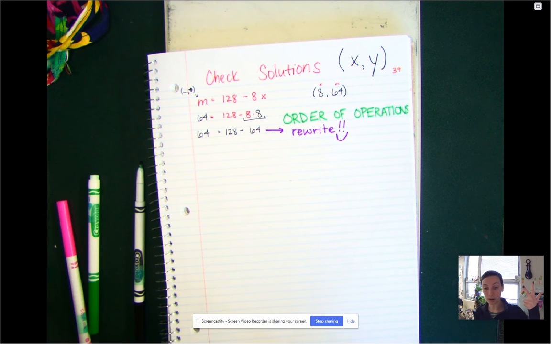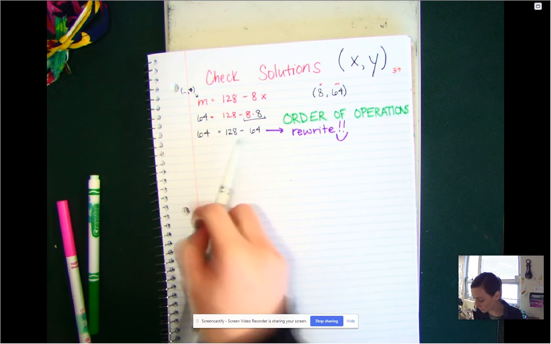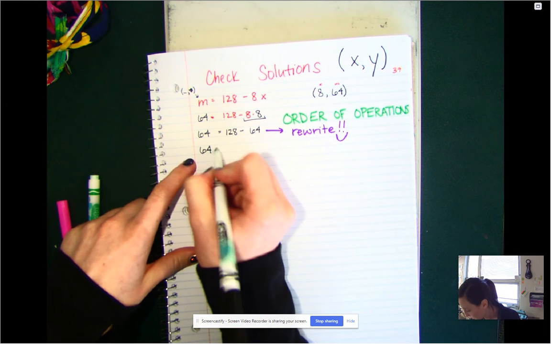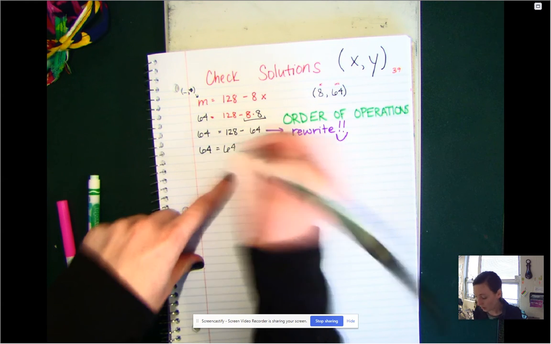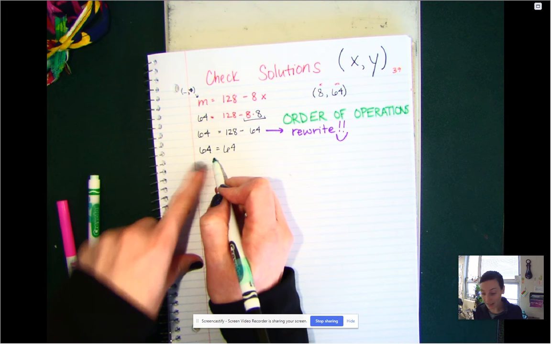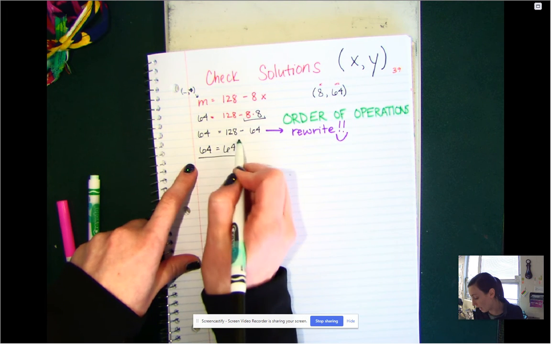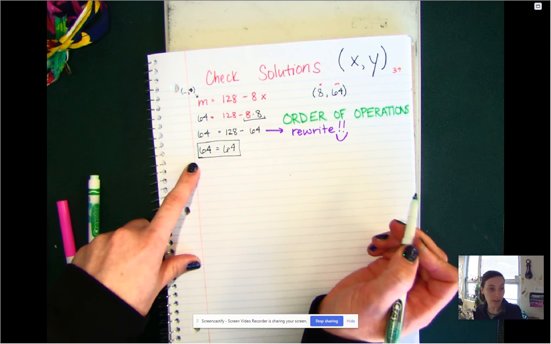Now I don't have any more multiplication or division left, so I do addition or subtraction. Yes, I sure do. I need to subtract. So 128 minus 64 is, in fact, 64. So I want to have the same number on both sides of the equal sign.